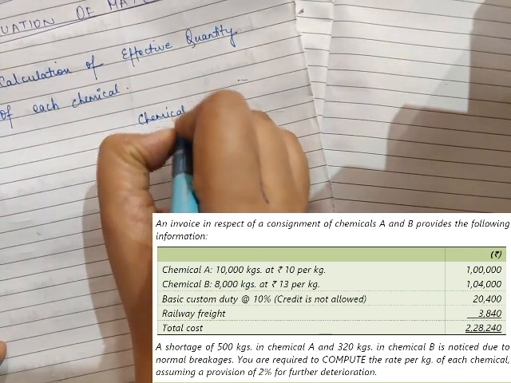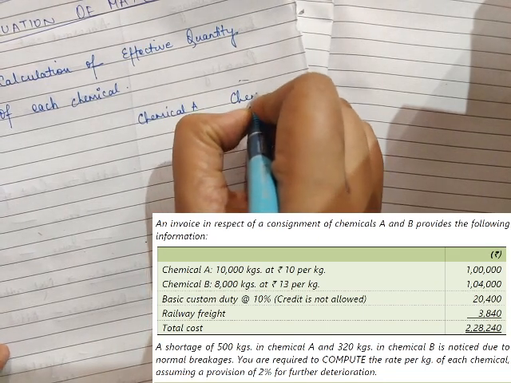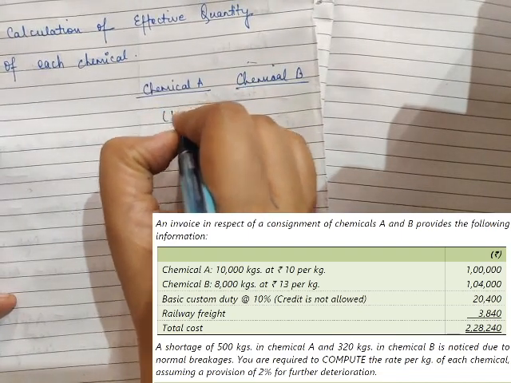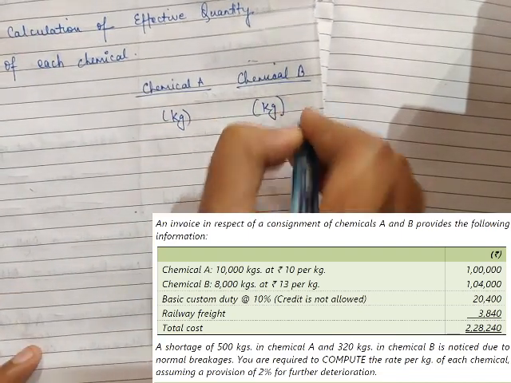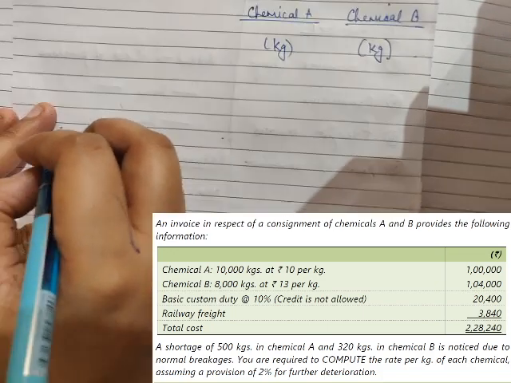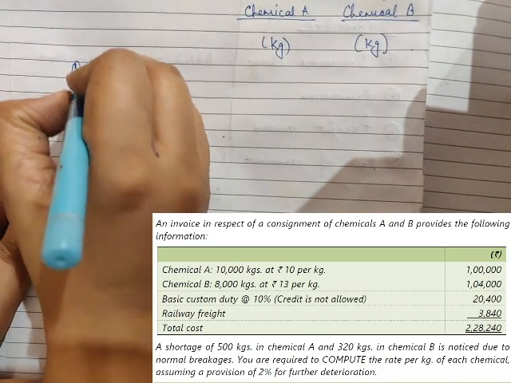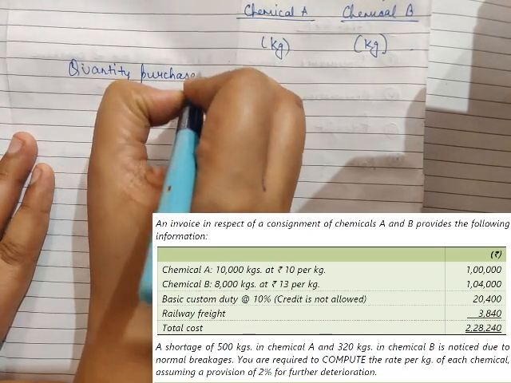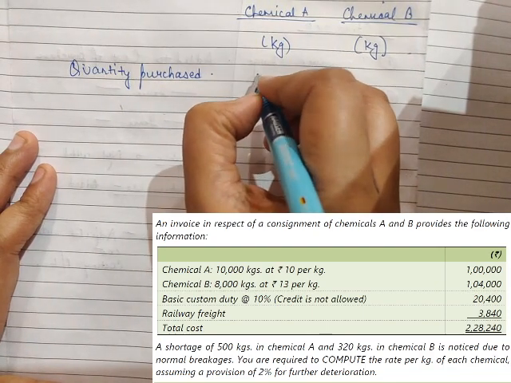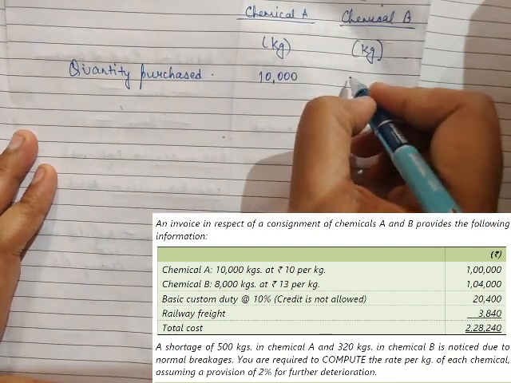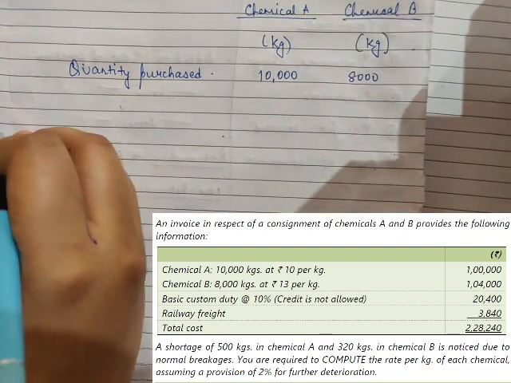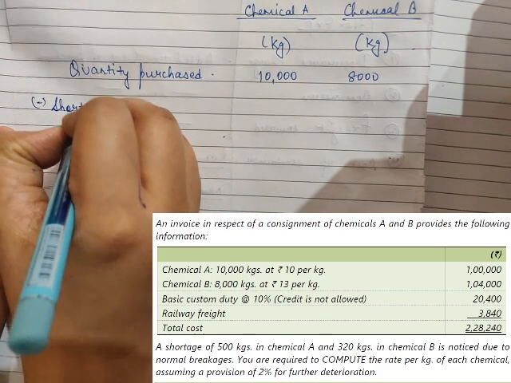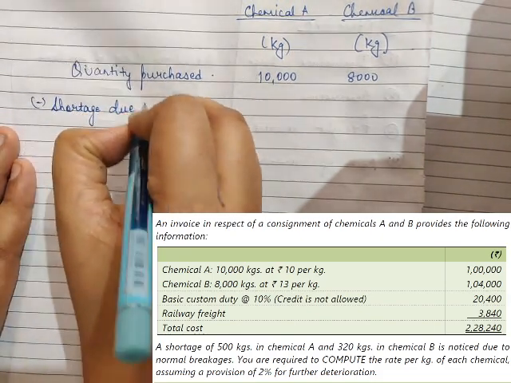So, chemical A and chemical B, in kgs. It is given that the quantity purchased is 10,000 for chemical A and 8,000 for chemical B. Now we'll subtract the shortage due to normal breakage.